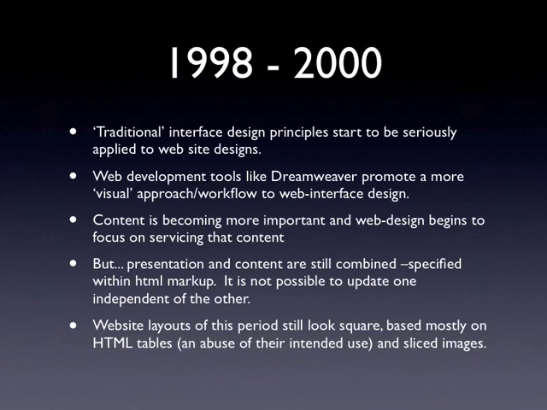Okay, but I say here, presentation and content are still combined, specified within the HTML markup, so it's not possible to update one independent of the other. So CSS hadn't been adopted at this point. And website layouts of this period generally look square, based mostly on the use of HTML tables, which, as we know, has probably been drilled into you, is an abuse of their intended use.